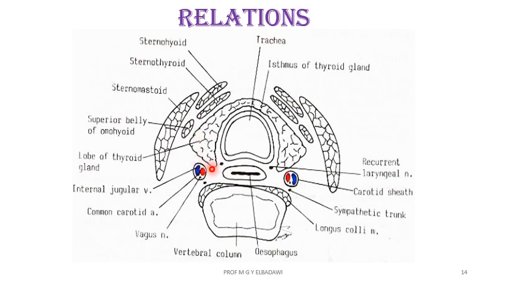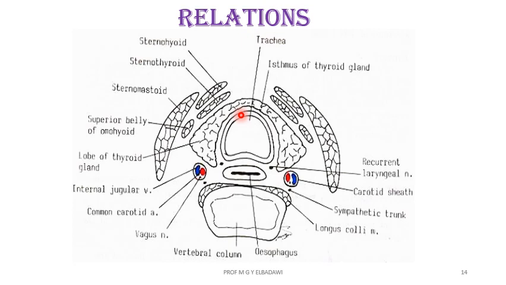Posteriorly or posterolaterally will be the longus colli, the carotid sheath containing the common carotid, the internal jugular, and the vagus. This structure is supposed to be the sympathetic chain, but it should be embedded in the posterior wall of the carotid sheath. Medially is related above to the larynx anteriorly and the pharynx posteriorly, and below to the trachea anteriorly and the esophagus posteriorly.